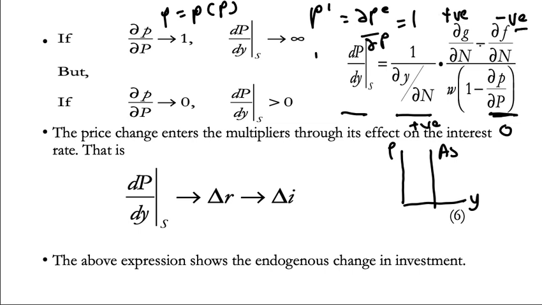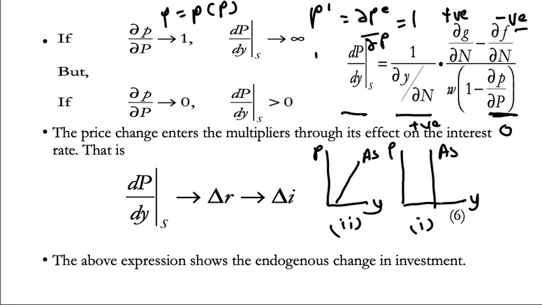So the whole thing on the numerator here is positive. Positive, positive, then the whole dP over dy is positive. So if dP over dy is positive, then we can have AS, which is upsloping. Now this refers to Keynesian case. Okay, the second case here refers to Keynesian case. The first case here refers to classical case.